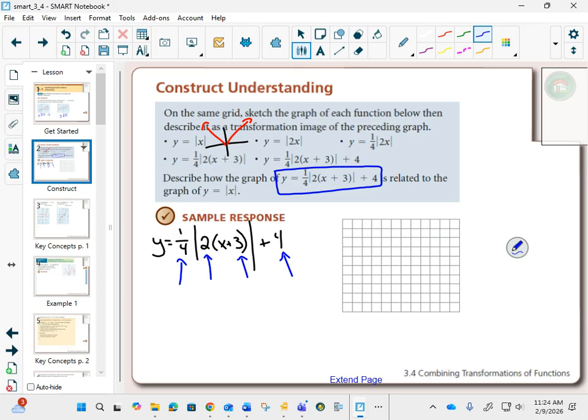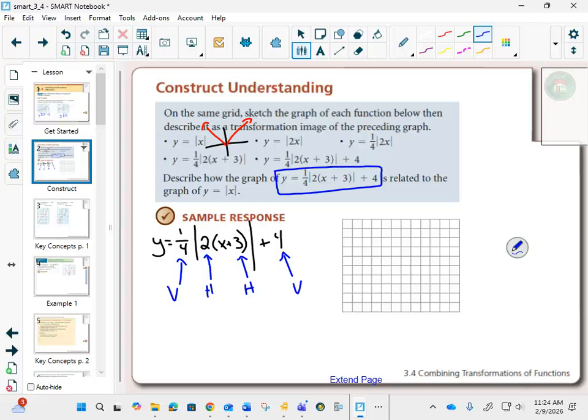Can you see that the first one is vertical? The next two, I'm going to put H's for horizontal. And the last one is vertical. Because the outside ones are always vertical. What's inside the parent function, which is the absolute value, will be horizontal.